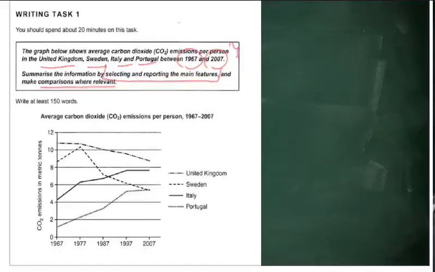It's a per capita emission, emissions per person. Over each decade, how did it change? If it's gone up or down, what was the peak for a country, what was the lowest point, has it improved, has it declined?